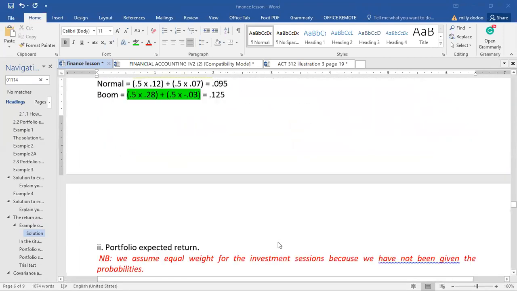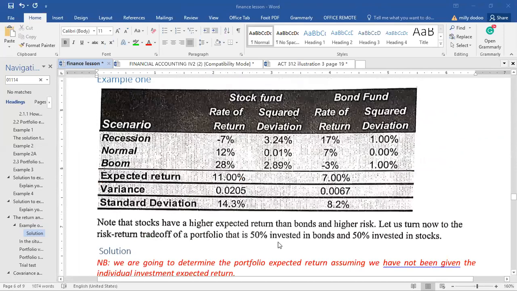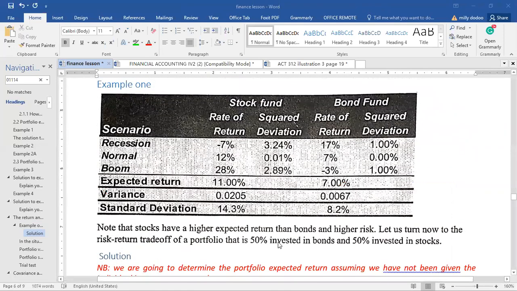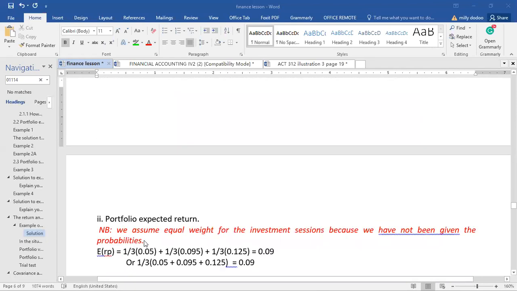Now, we said that we were not also given the probability, and that one that I told you you should be able to know. If you have not been given the probability of the investment at all, we assume equal probabilities for all. And I already told you that probability should always be equal to what? 1.